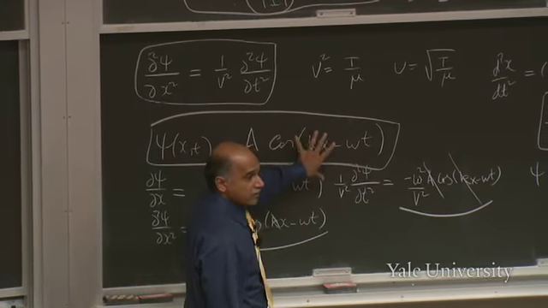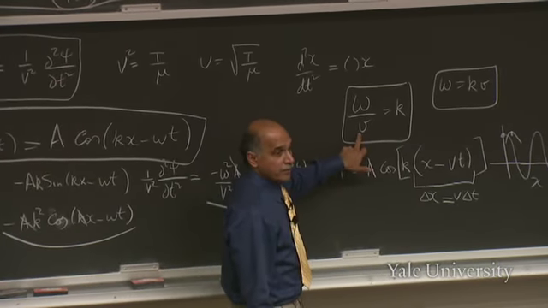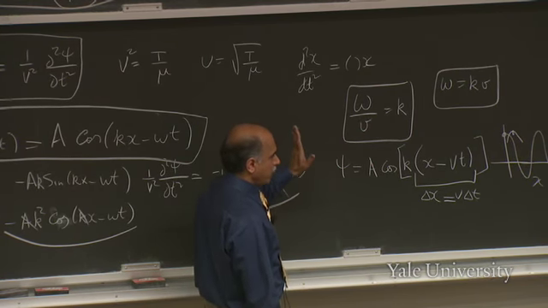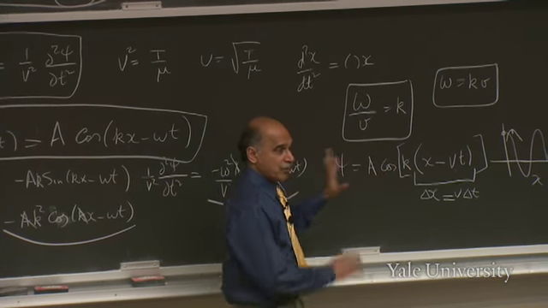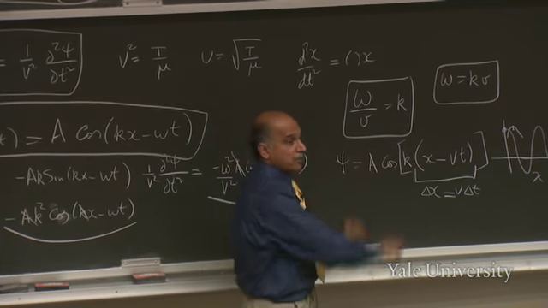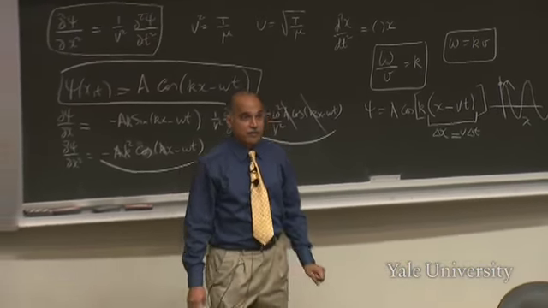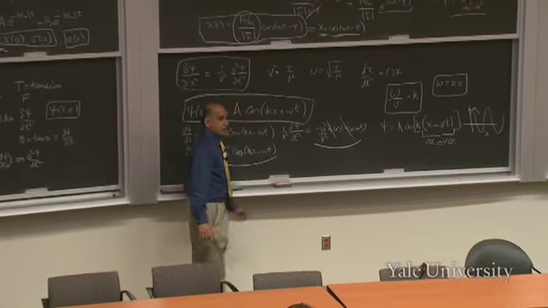But I have told you whatever the function is, it is drifting to the right at a speed that we call v, because any function of x minus vt has a property that if it did something at x equal to 0, it does the same thing at x equal to vt. That means the whole shape is bodily transported to the right. So this really signifies a wave traveling to the right. If you wanted a wave traveling to the left, you should put a plus sign here, and it will go backwards.